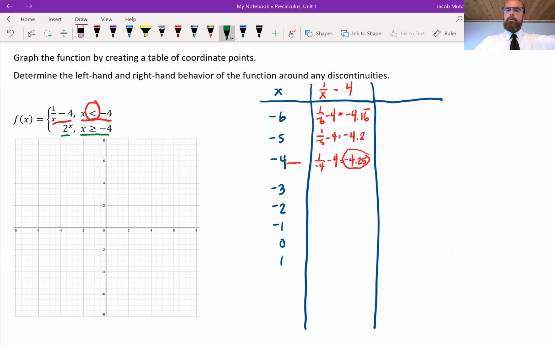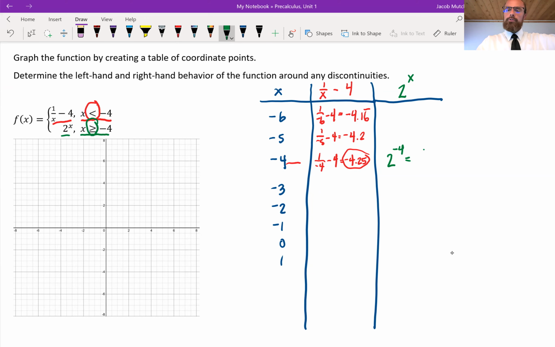So now I'm going to bump over into this third column, 2 to the power of x. And where I'm starting is at -4. So recall from our definition here, for the 2 to the power of x, x is greater than or equal to -4. So this one is actually on the graph. 2 to the power of -4. Recall the negative exponent flips over the base.